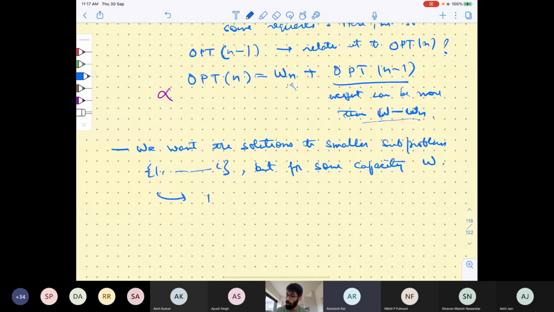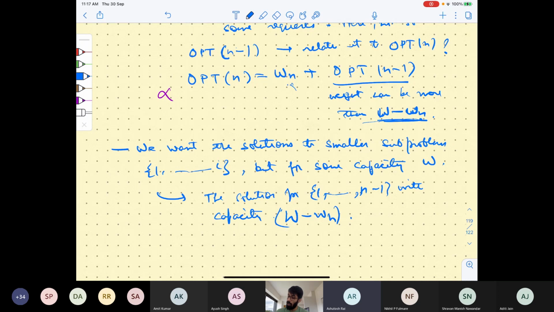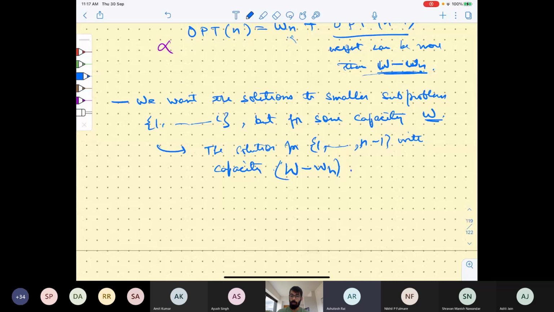Because then that will give the solution for 1 to n-1 with capacity W minus w_n, for example. So this we want to find for some capacity. This is now going to be our subproblem. Somehow we want to have that information inside the problem definition.